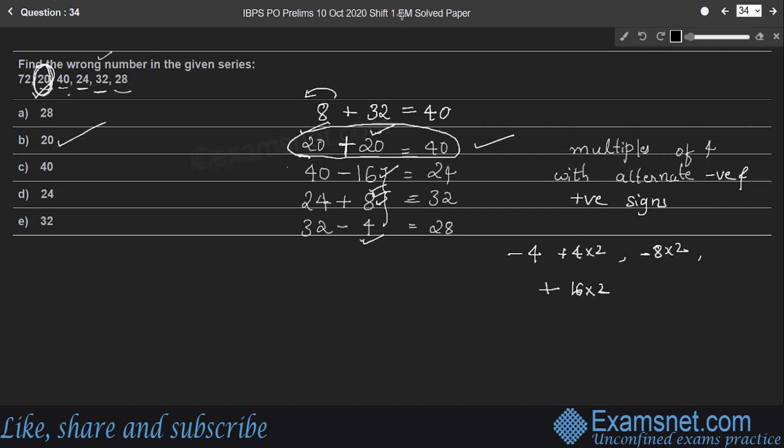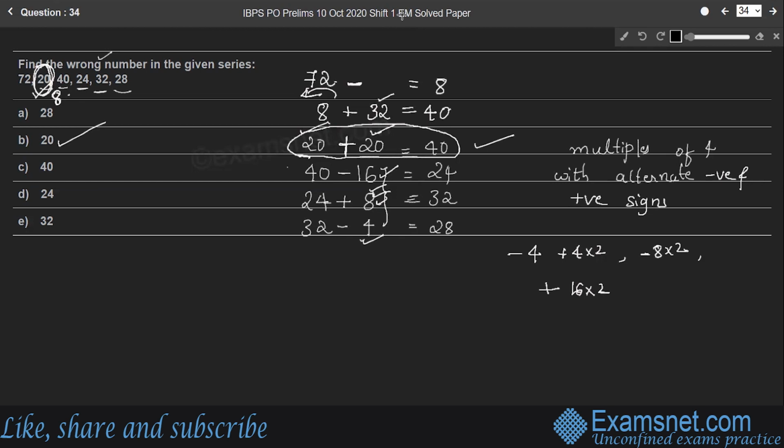So option B is the wrong number. You can verify the answer with 8, right? So 8 is obtained, instead of 20, as the right number. 8 is obtained when a number should be subtracted from 72, right? So what is that number?